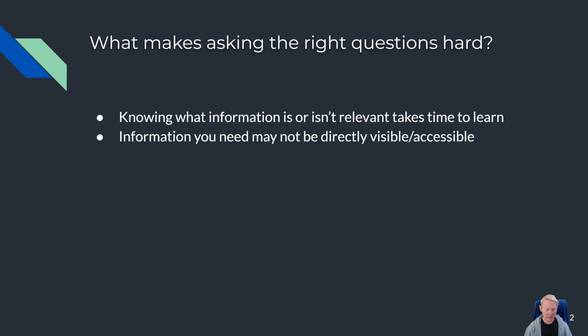Now, for the information you need, there's a big barrier here that it might not always be directly visible and accessible. If you're using something like Unity, there's going to be, for example, your console log, and that console log can show various errors and information. But you might get a problem that only occurs using a built version of your game, so you don't see the console log there. Now, it does log out information, but if you don't know that it does that, if you don't know where to find that, then it can make it very difficult to diagnose things that are an issue there.